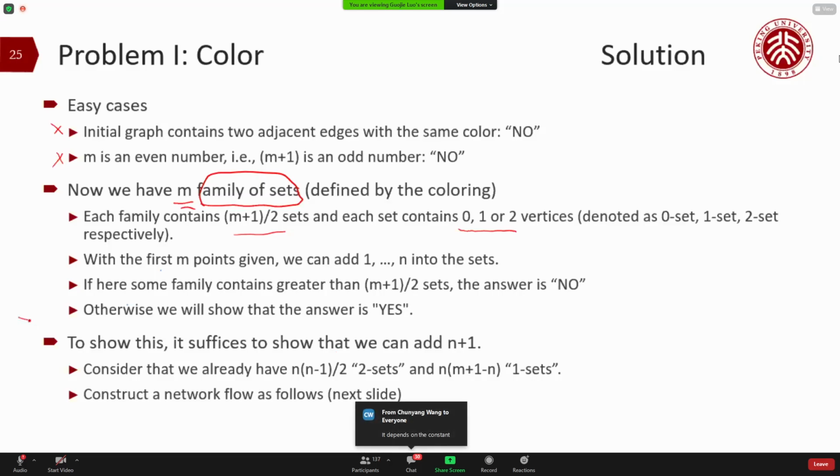And in other cases, if we also need to provide the coloring solution, then we can do the following things. To show that we can add n-1 vertices, consider we already have these many 2-sets, and we need to add more.